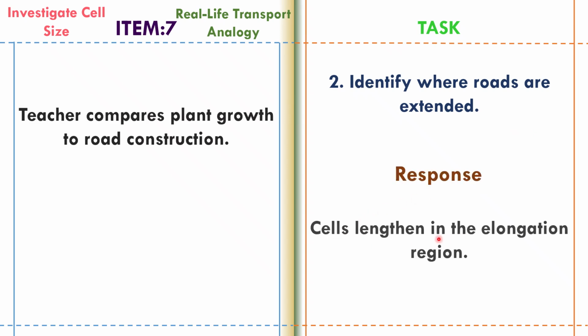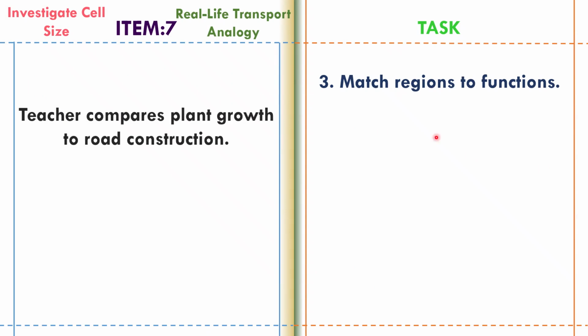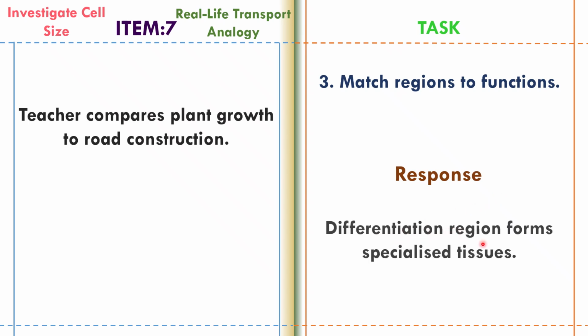Cells lengthen in the elongation region. Match regions to functions. The differentiation region forms specialized tissues.